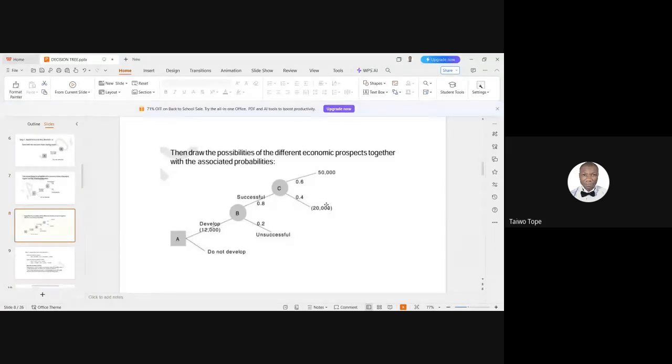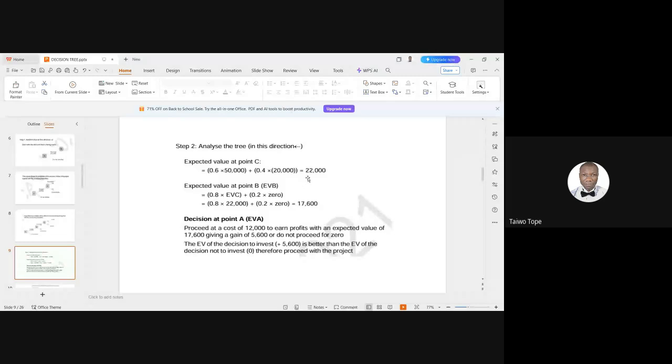So our expected value at point C will be 0.6 multiplied by 50,000 plus 0.4 multiplied by minus 20,000. And you have what? 22,000.